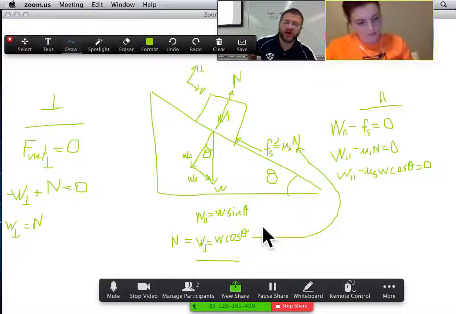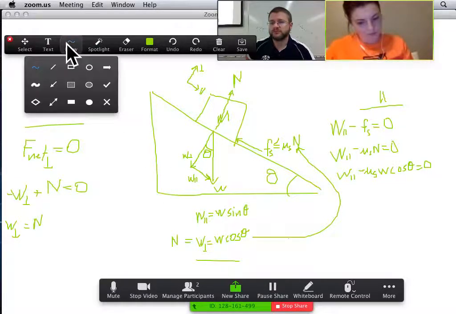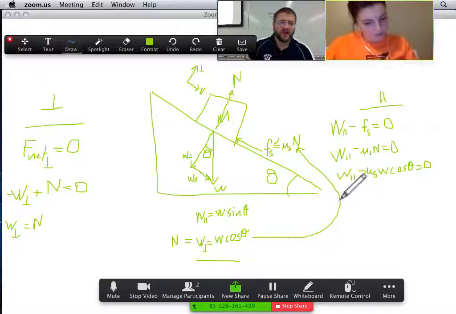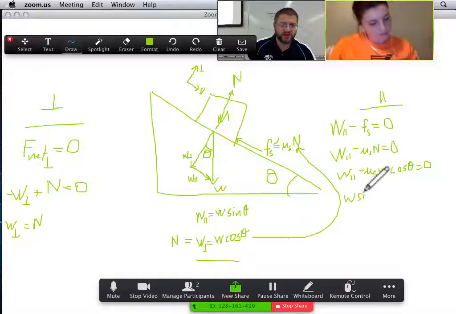So if we go one more line here on our whiteboard, the parallel weight, of course, is equal to W sine theta. We know W and we know sine theta. W is just M times G, right? Minus mu s W cosine theta.